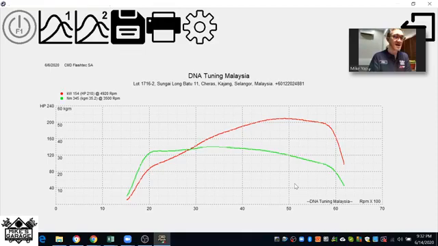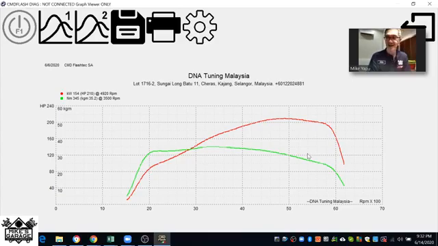I managed to get one very nice run in, and the car managed to develop 210 horsepower at the engine. This is the single charged 1.4 Volkswagen engine, the Mark 7 engine.